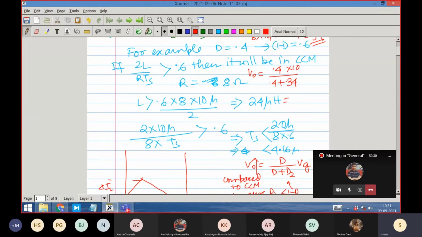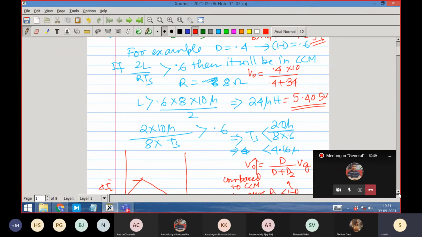So it is 5.405. You can see that it is not 4 volt anymore. Under discontinuous conduction mode, the output voltage has increased. So for any converter, if you get an output voltage more than what you are expecting from the continuous conduction mode, then you know that the converter has gone into discontinuous conduction mode.